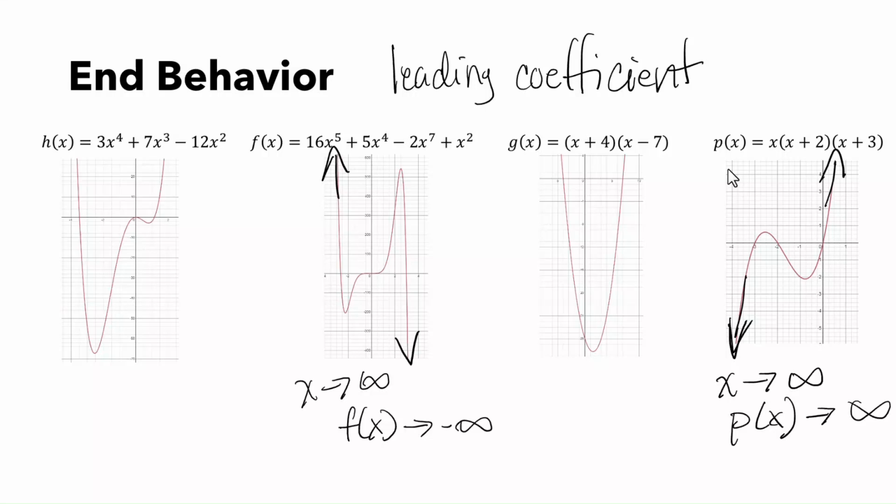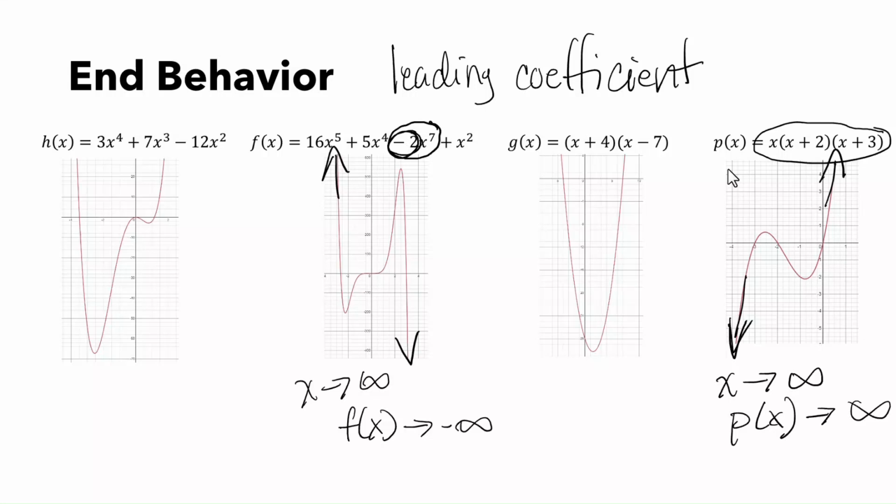The leading coefficient is in the term with the largest exponent. In f of x, this is my term with the largest exponent, and that means -2 is my leading coefficient. In this example, you're like, well, wait a minute, it's not multiplied out.